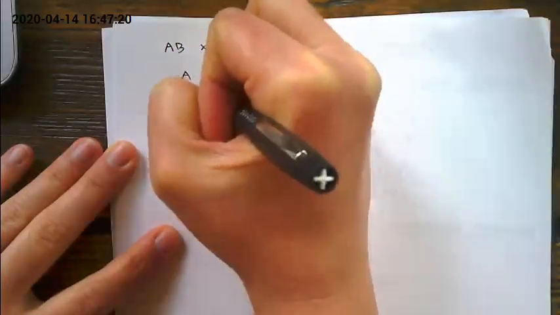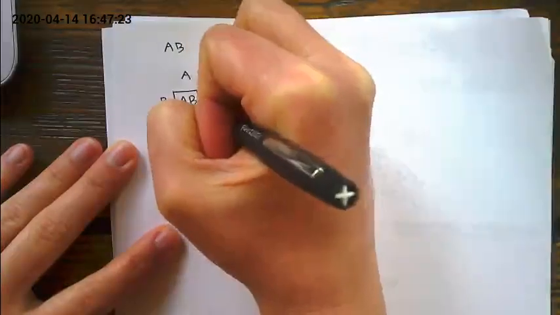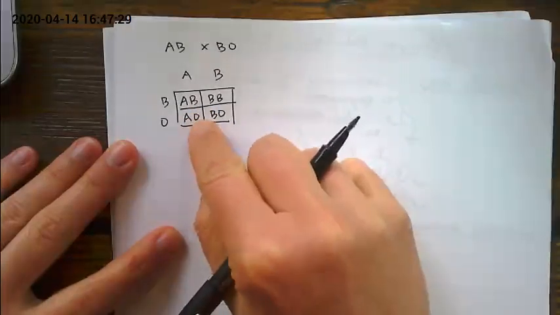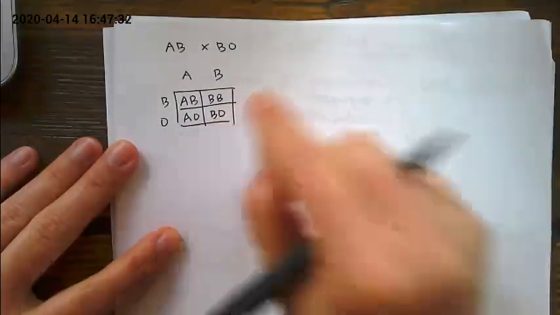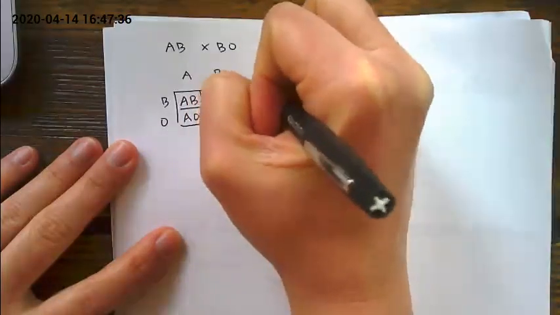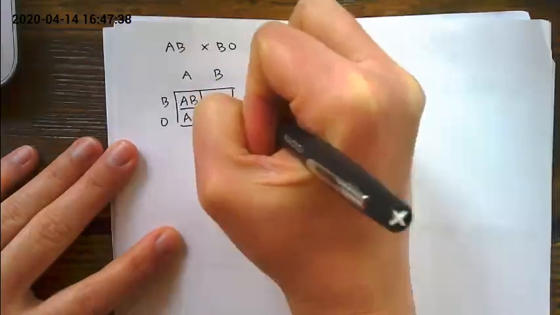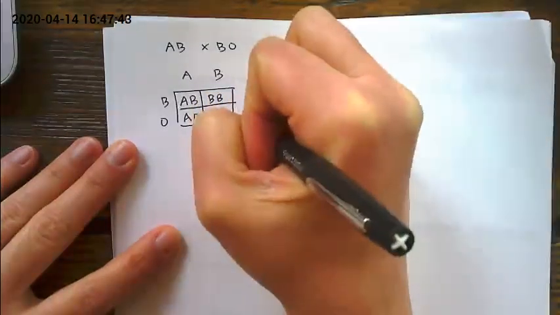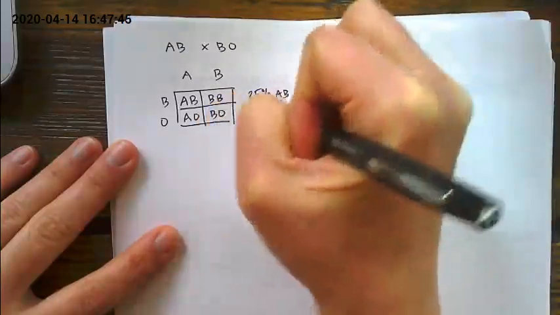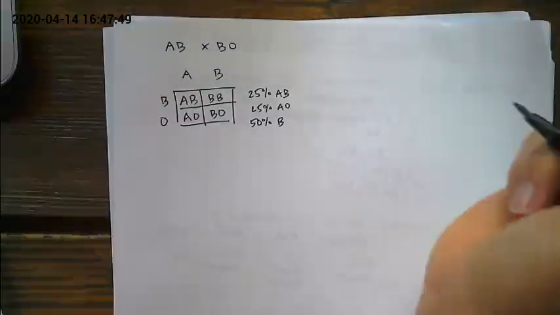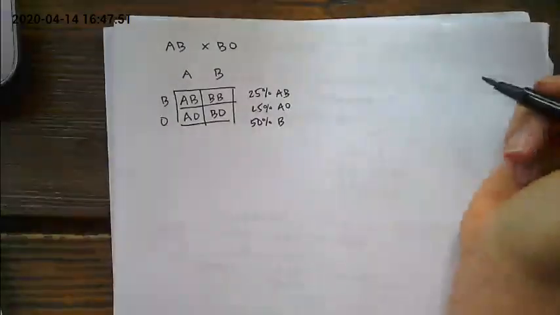Their offspring have a 25% chance of having AB, 25% chance of having A, and a 50% chance of having B type. So we got 25% AB blood, 25% A blood, and 50% B. All right, so that's how you do that cross.